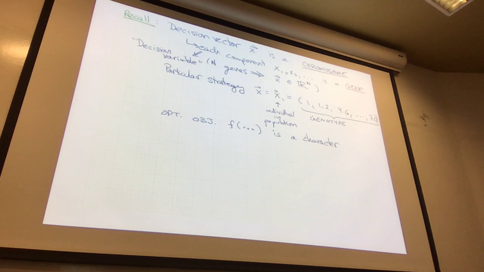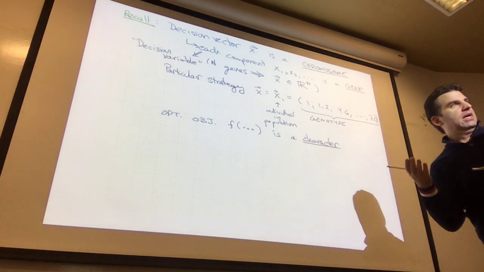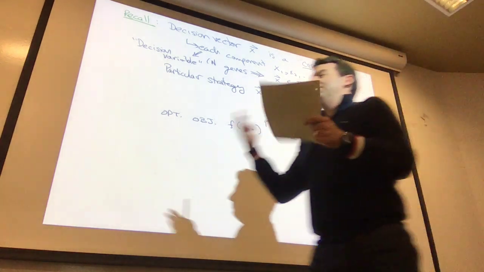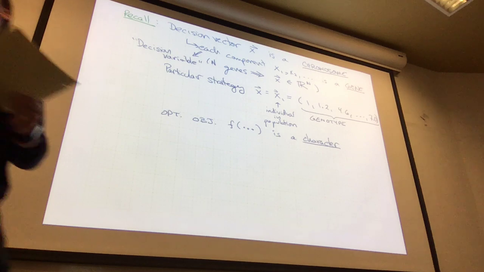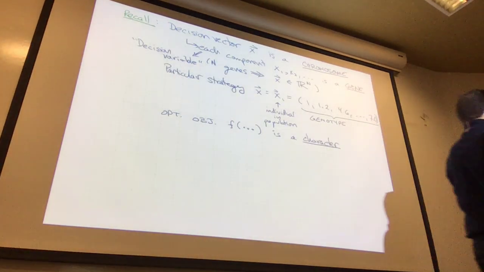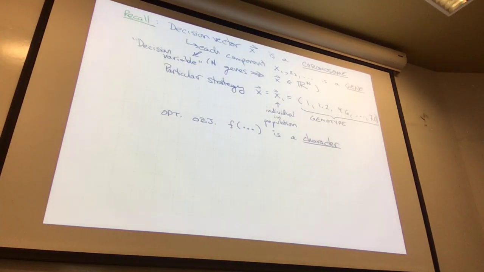I want to say that, for example, eye color is a character. So if you have an optimization objective, it might give you a particular eye color. And that particular value of the character is known as a trait.